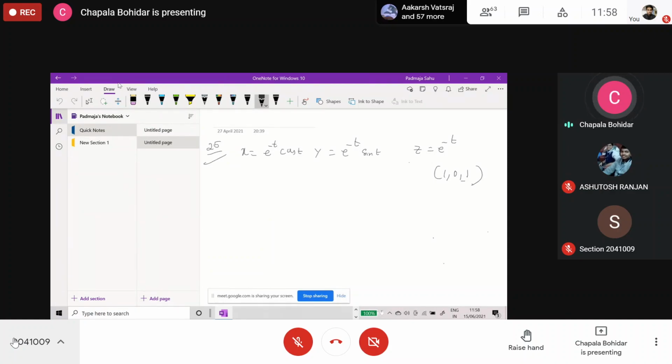Already discussed that 53. Find the equation of the normal plane, osculating plane. It is already done. What point? x is equal to 2, and find out the value of P. That is also done. 53 you can do.